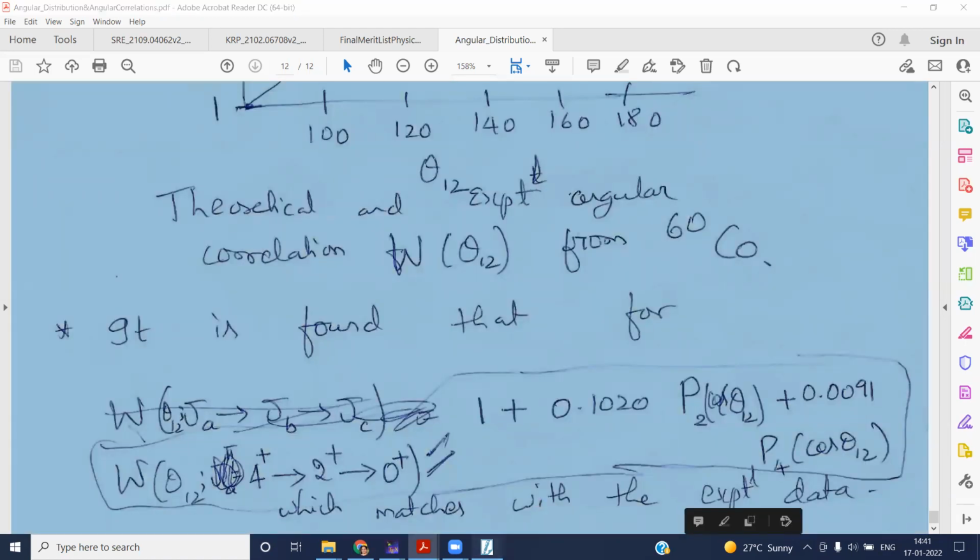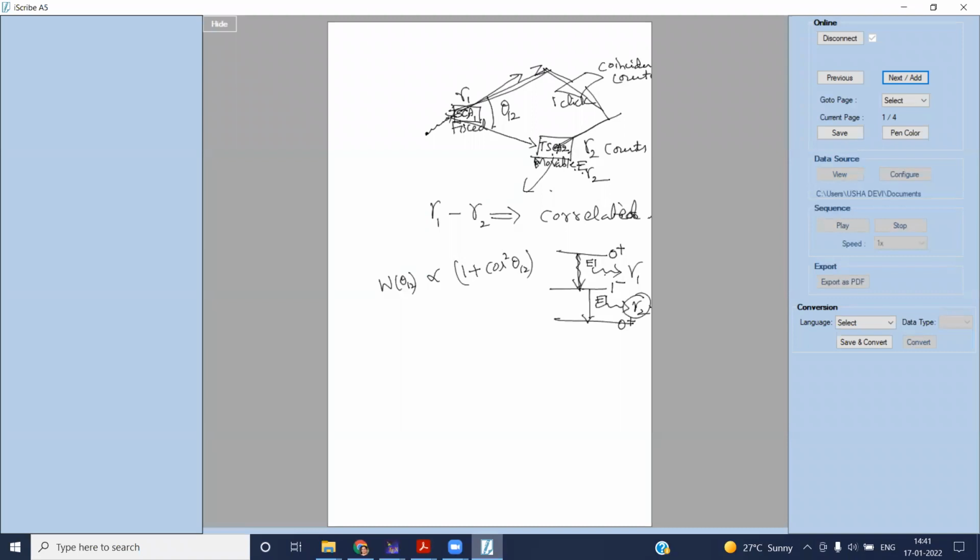I have done only what is called as, there is a cobalt 60 source. This cobalt 60 source decays, this is the energy level, and it decays into some other nucleus emitting a beta particle. And this goes to another level, and then one more level.